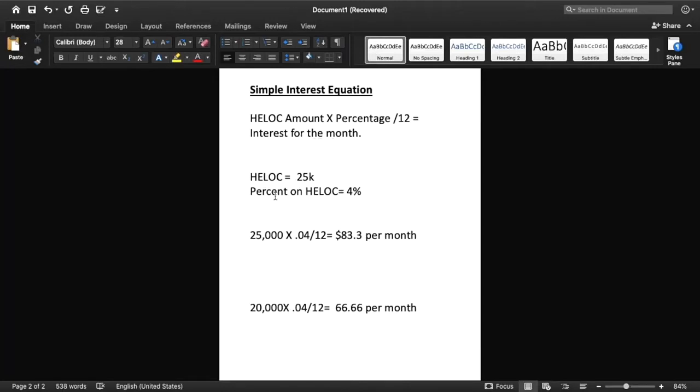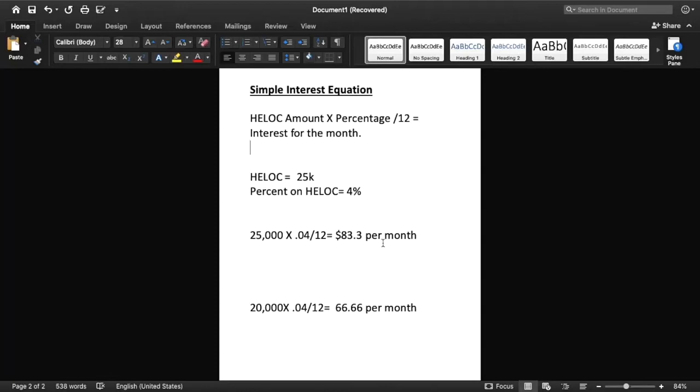So we're going to say that we have a HELOC that is $25,000, and we'll say the percentage on the HELOC is 4%. So for equation 1, we're going to do 25,000 times 0.04, because that equals 4%. We'll divide that by 12, and we'll get $83.30 per month.